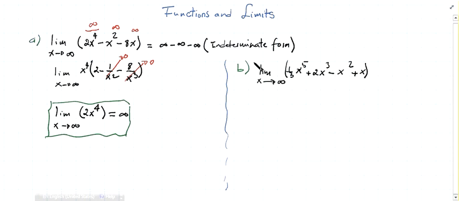Excuse me, it is tending to minus infinity.